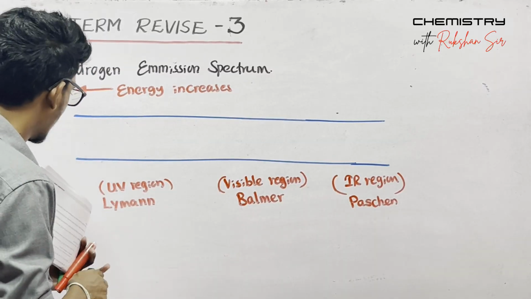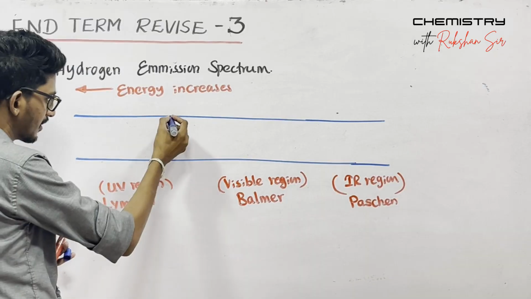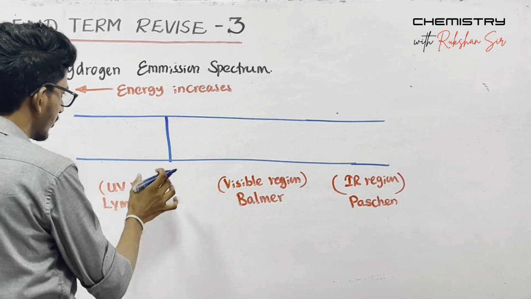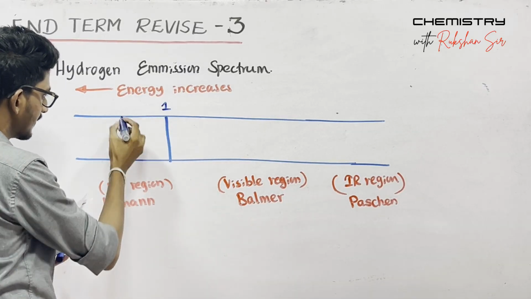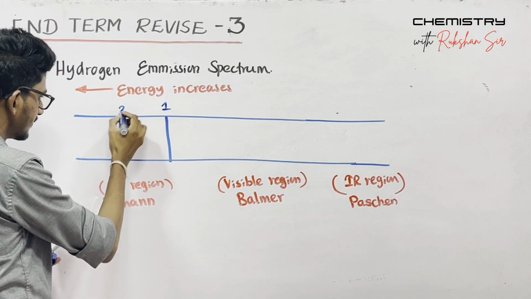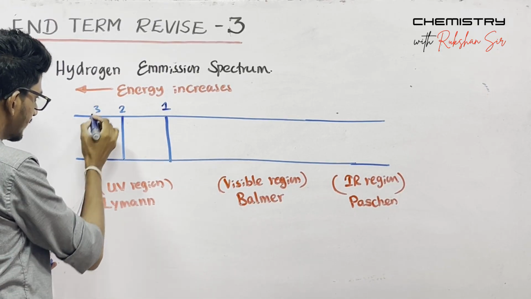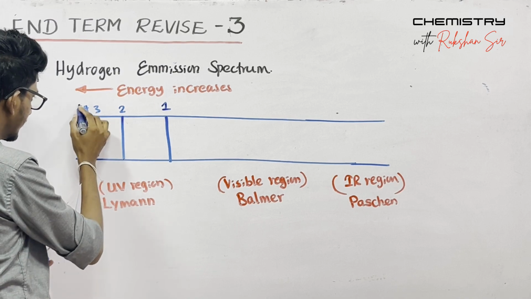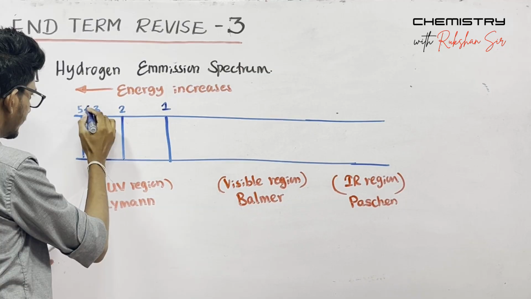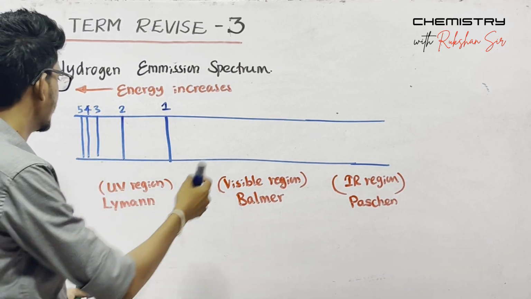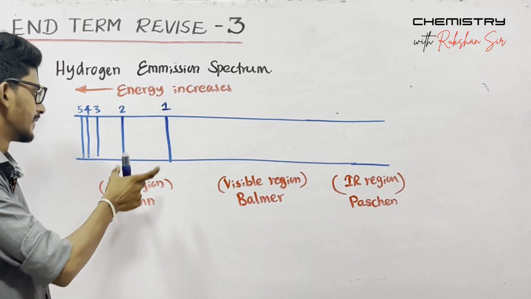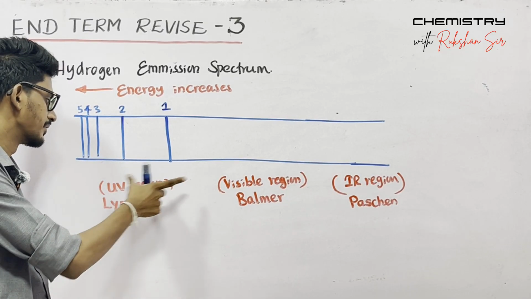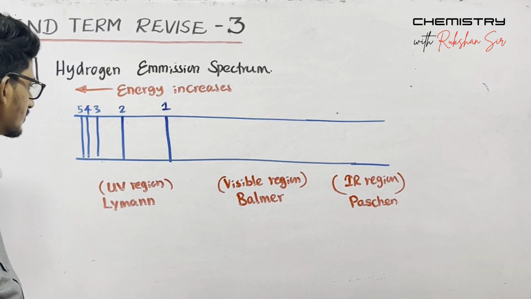If you consider the Lyman series of lines, the Lyman's first line could be represented like this, the lowest range line, then the Lyman's second line, third, fourth. I'll write 5 lines of Lyman like this. Going towards the higher energy region, the gaps between the spectral lines decrease within a series of lines.